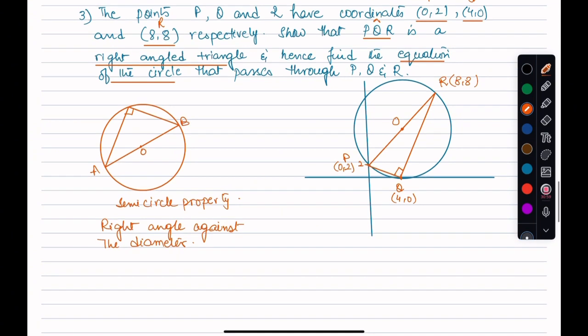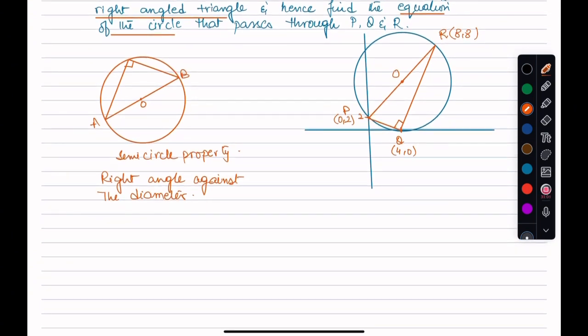of Pythagoras theorem, and we know that for Pythagoras theorem, the hypotenuse squared equals the perpendicular squared plus the base squared. That means I should have PQ as well as QR as well as PR. So P has coordinates 0, 2. Q has coordinates 4, 0.